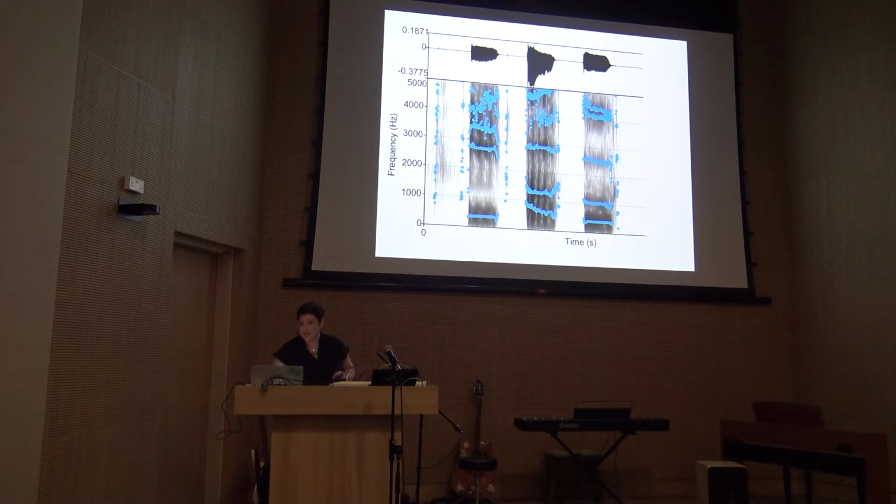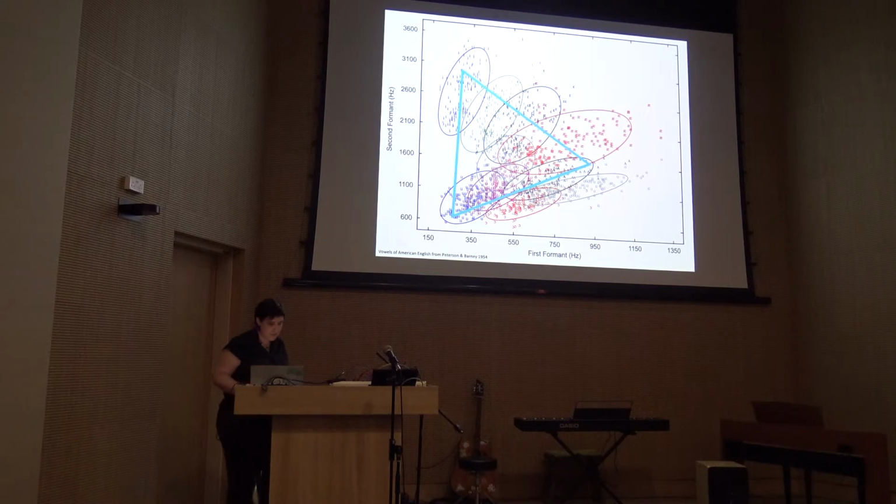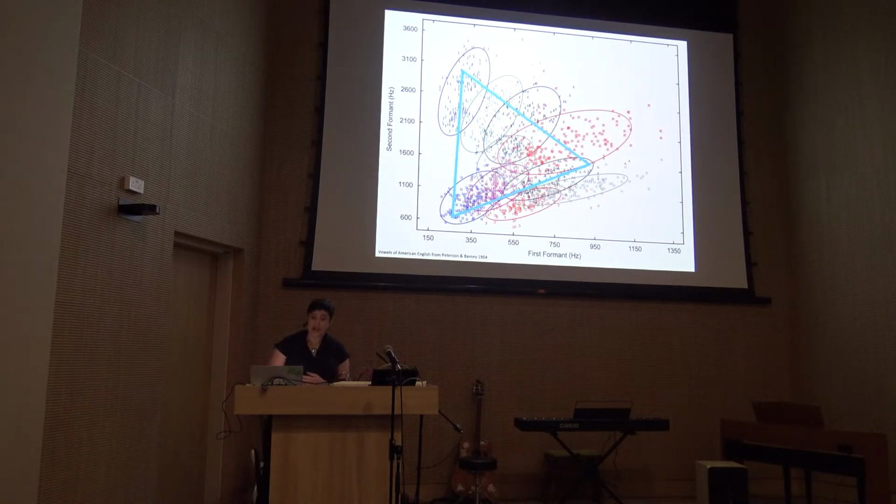Right. So if we look at human speech production, these are a bunch of Americans in 1954 saying a bunch of different English words. And what we can see here up the top in blue is the distribution across formant space for things that had an E sound.